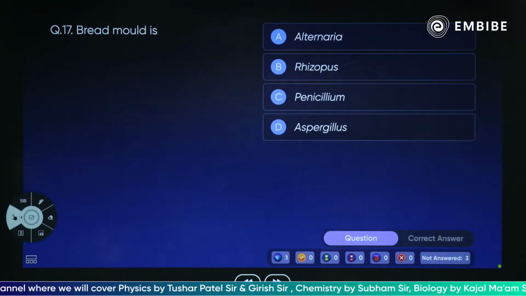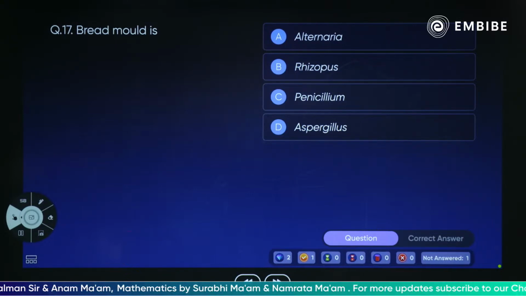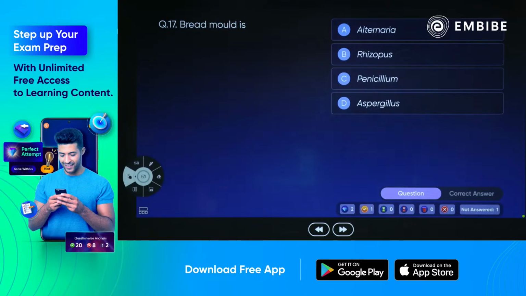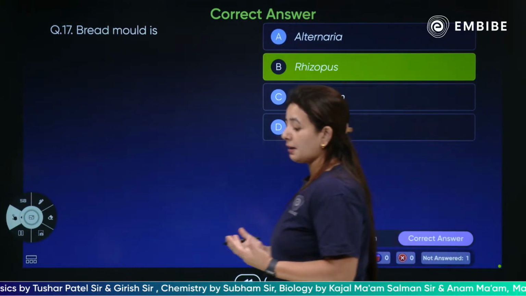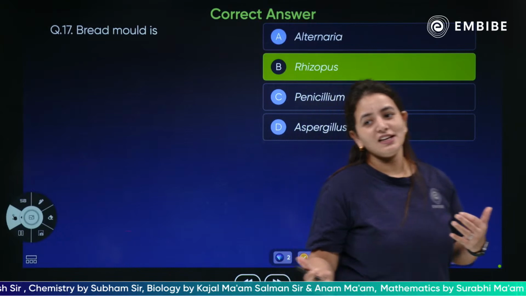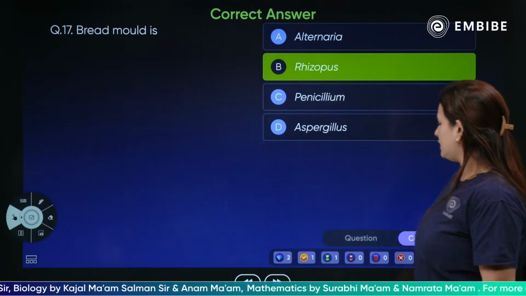Yes, the bread mold is the rhizopus. You know, when we keep the bread for so long, even in the fridge or outside the fridge, it will catch fungus, and the fungus present on the bread is called rhizopus.